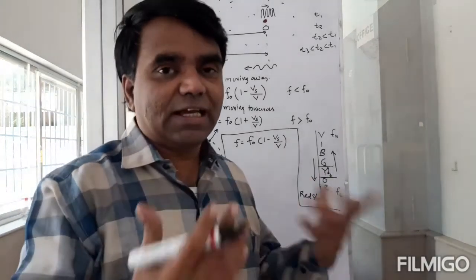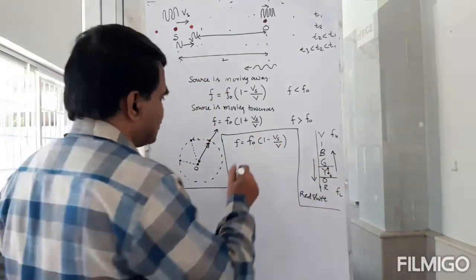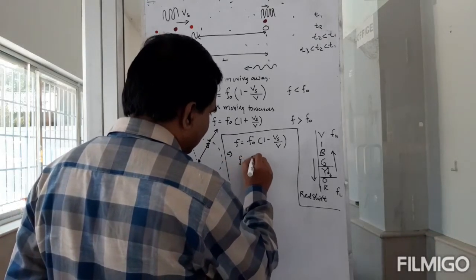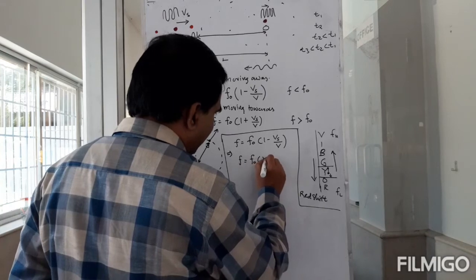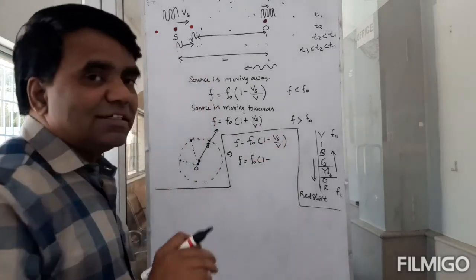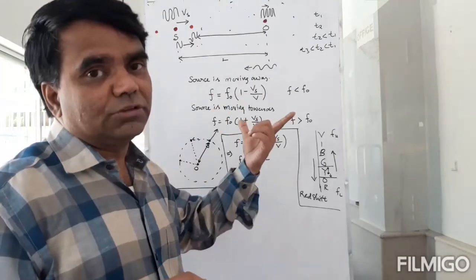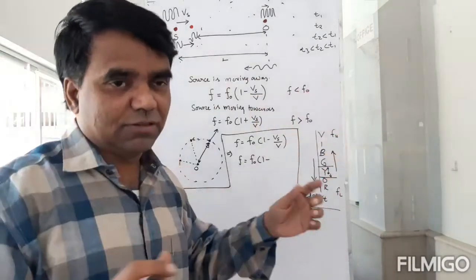But if I were to do it for light, then how will this change? So this will change to the new frequency F is equal to old frequency into 1 minus, what is Vs? Vs is the speed of the source, a galaxy, a star, or whatever.